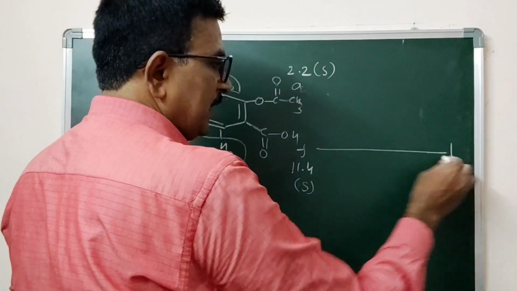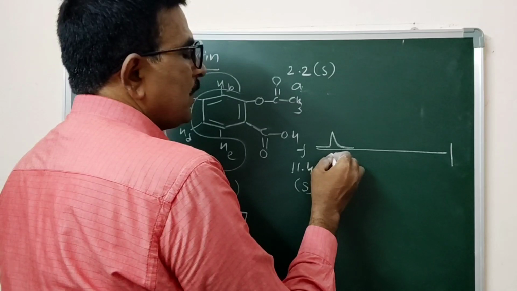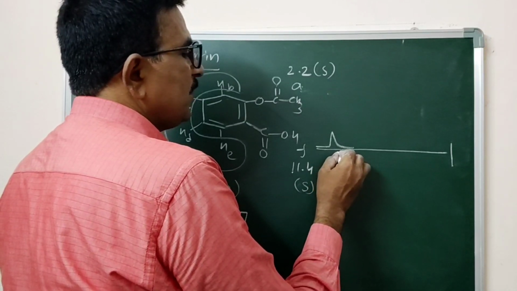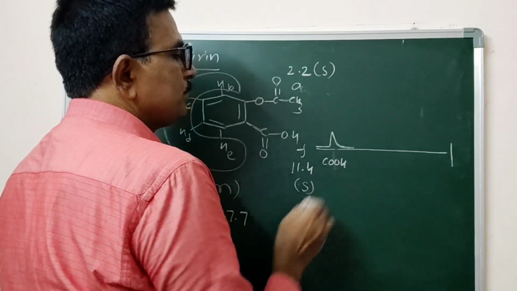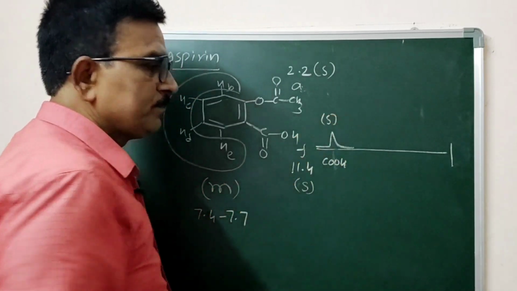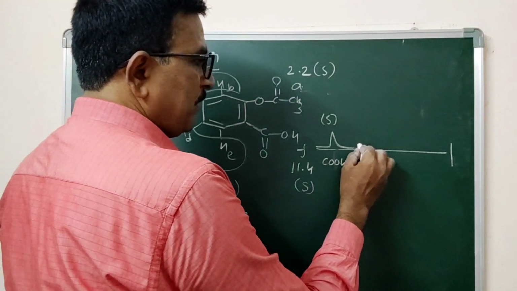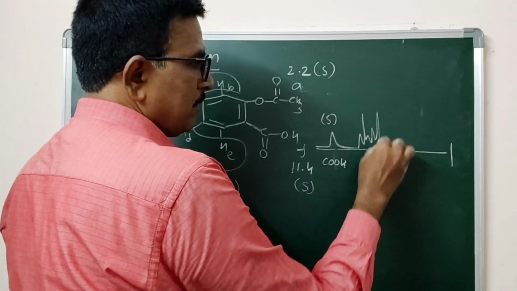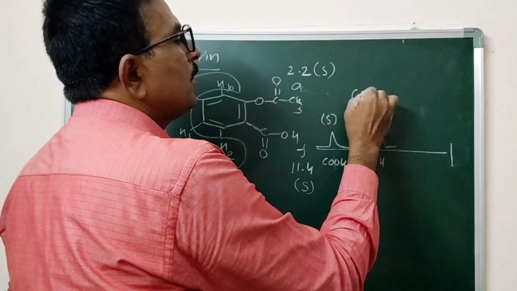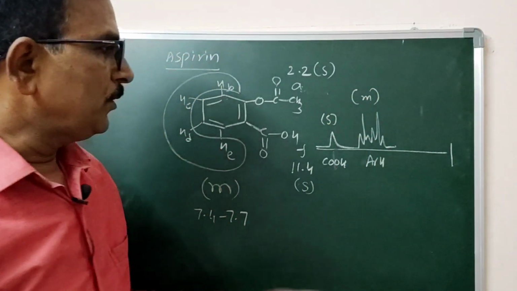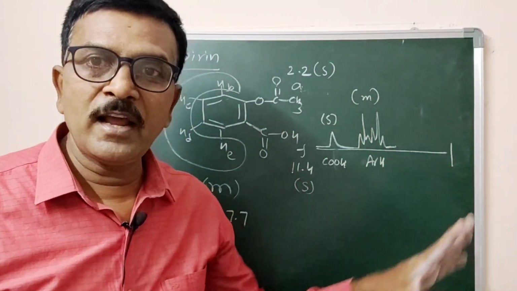We can present it as: this is the carboxylic acid proton, that is F proton or COOH proton, as a singlet. Next, the aromatic protons are presented in this way, as a multiplet. You can see all the signals corresponding to 4 protons get overlapped.